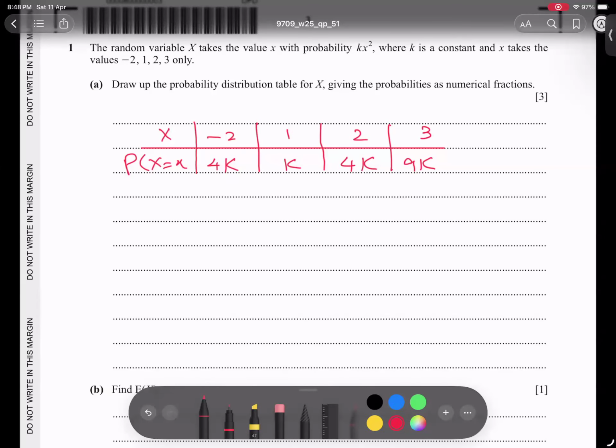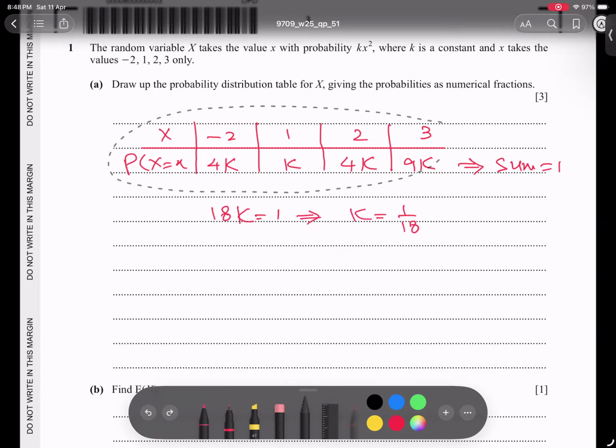Now you know, student, the sum of all probabilities is equal to 1. So if you add them, 4k plus 5k plus 4k, 9, 9 is 18. So I can say 18k is equal to 1, and k value becomes 1 by 18. So this value I'm going to plug in everywhere. Then the table will get a new one.